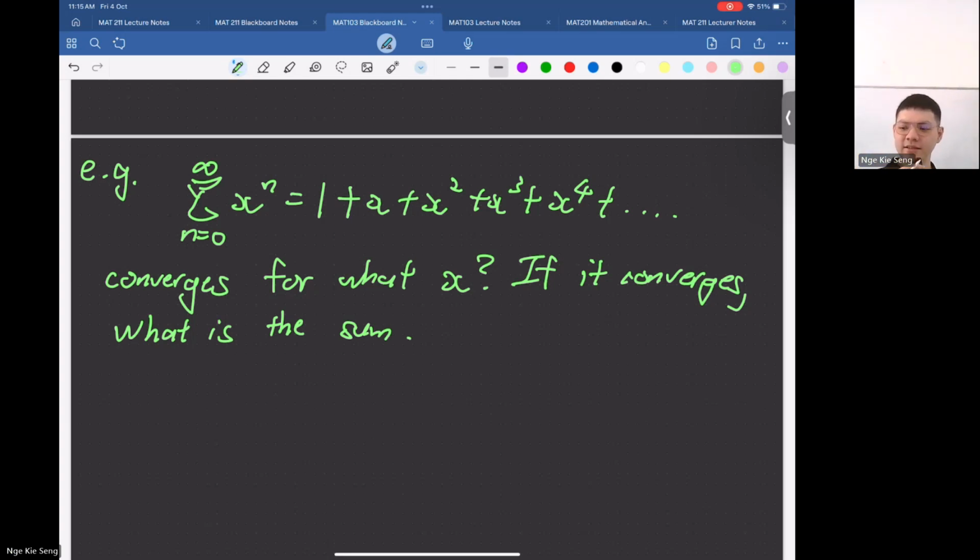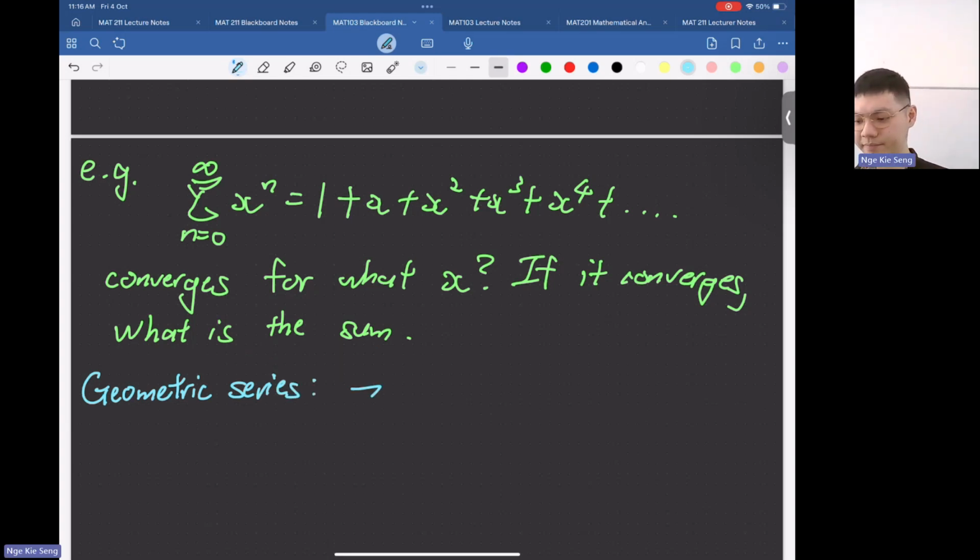Doesn't this seem very familiar? Geometric series. How does the geometric series statement look like? Recall, the sum of a r to the n, n from 1 to infinity.